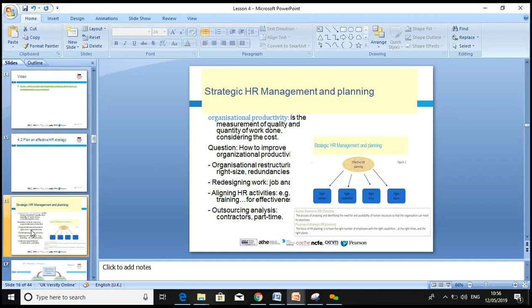In HR planning, organization productivity is a measurement of the quantity of work done. When looking from an overall organization perspective, the question is how to improve organization effectiveness, through organization restructuring, making people redundant, and redesigning the work.